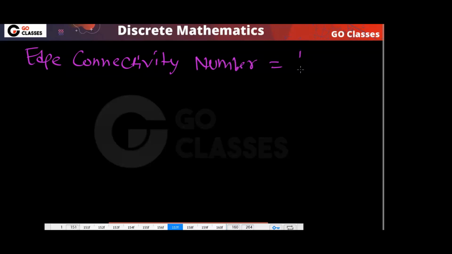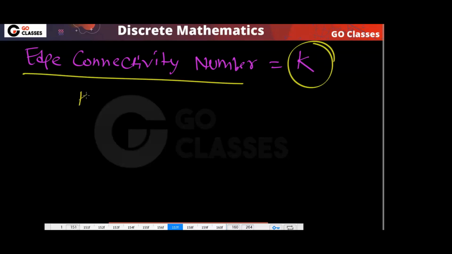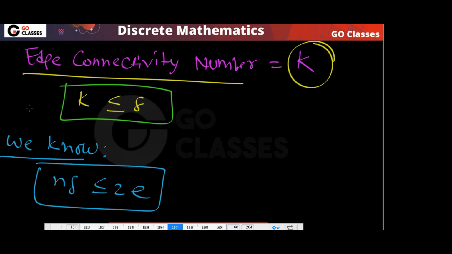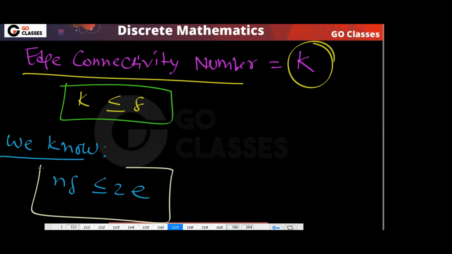We already know that this k is less than or equal to delta, the minimum degree. And we know that n into delta is less than or equal to 2e, by handshaking, from the total degree.